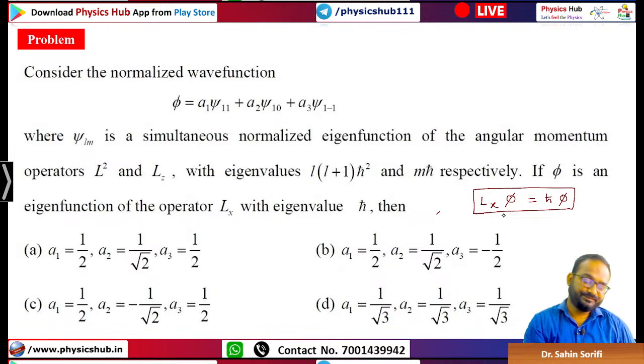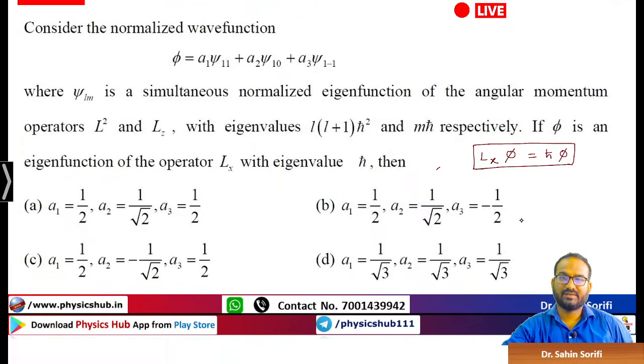Can you solve this problem? Phi is an eigenfunction of the operator Lx with eigenvalue ħ.